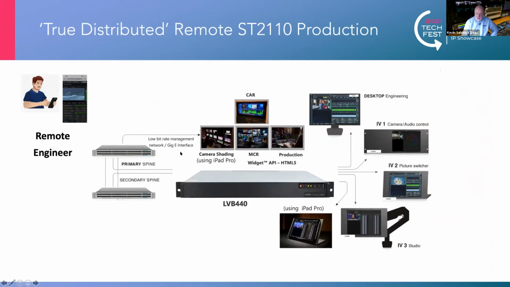So this is not the 2110 network. This is the management control layer. Probably most people who have been involved in this have quite a guaranteed, dedicated network connection if they're going into their home. Obviously, between facilities, it's not an issue because that's pretty much what people have paid for as their standard connectivity.